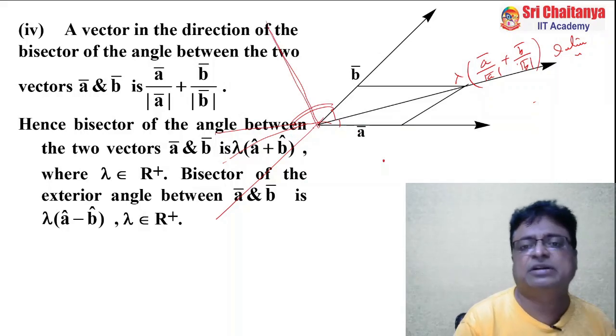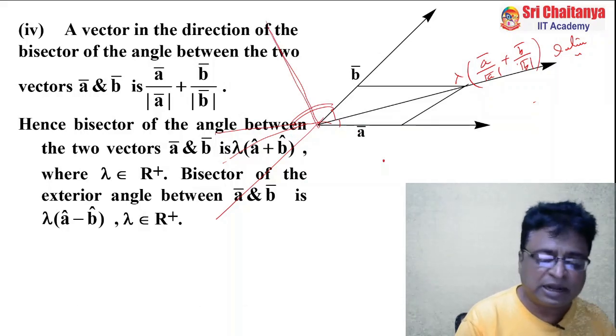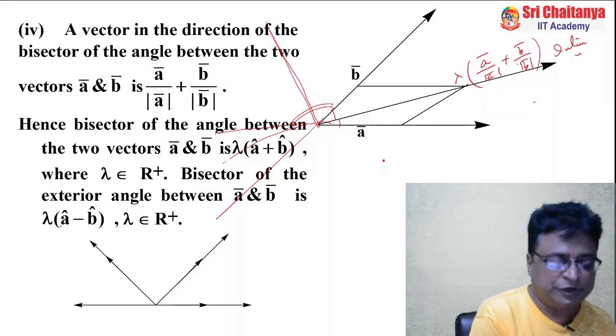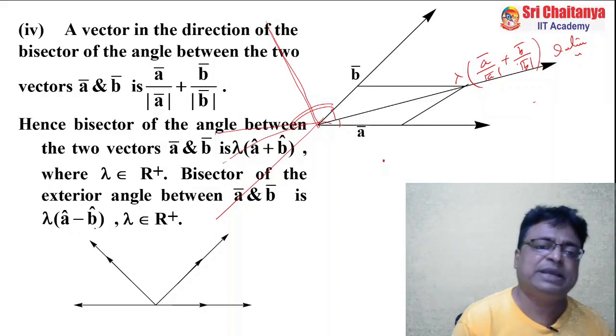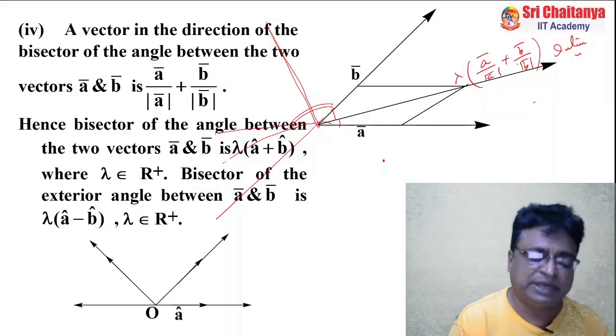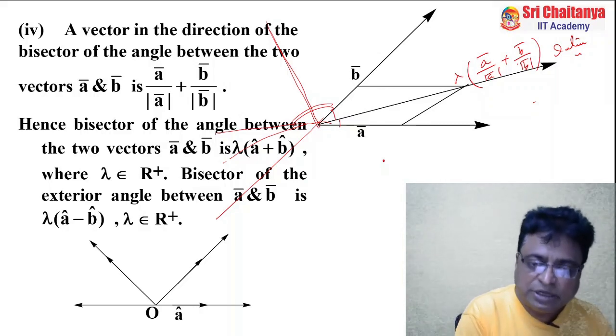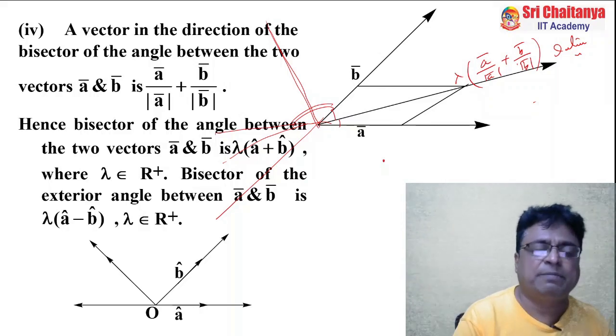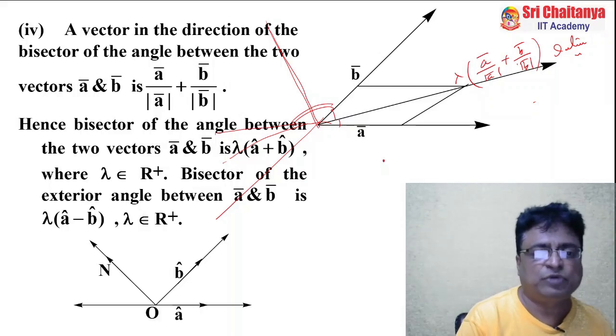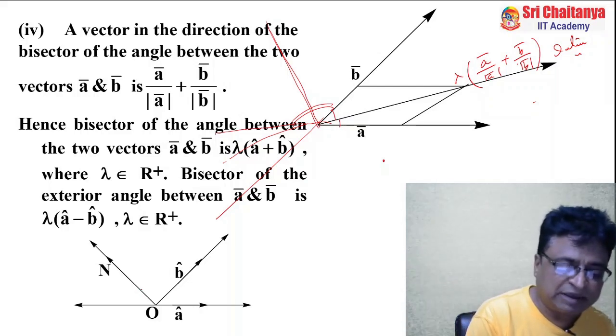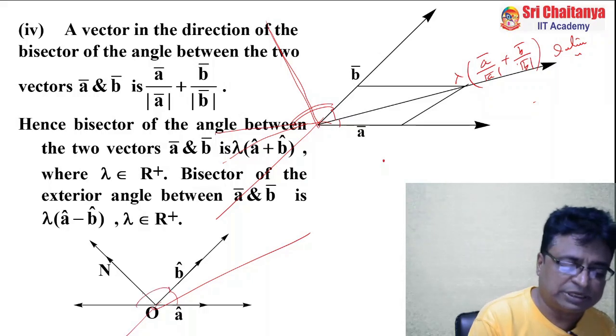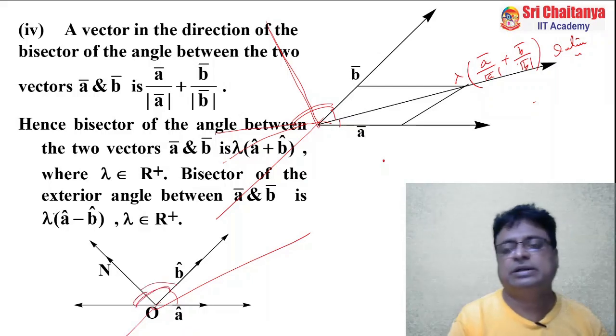The external angular bisector between a bar and b bar is denoted by lambda into a cap minus b cap, where a cap is the unit vector along a bar and b cap is the unit vector along b bar. This is the internal angular bisector, and this is the external angular bisector.